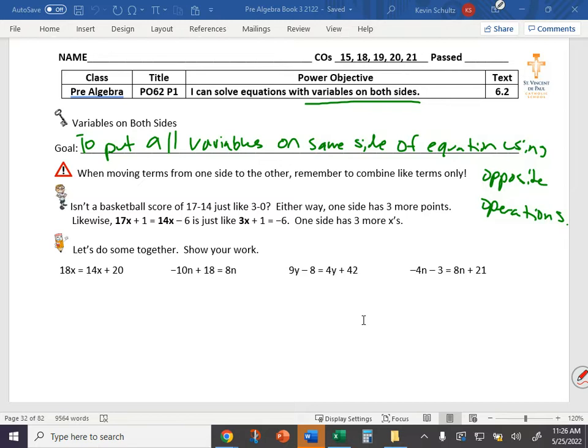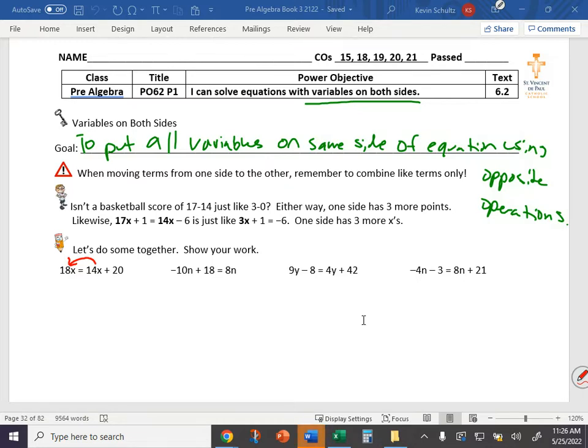To move our 14x's over away from the 20 with the 18x's, or put everything on one side, the variable term and the constant? What do you think? Different sides, right? If our goal is to eventually isolate x, then if we can start moving stuff away from our constant, get everything on one side, opposite of our constant, that's the way to go.